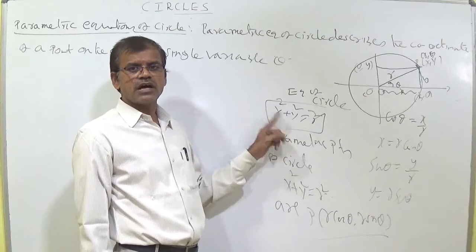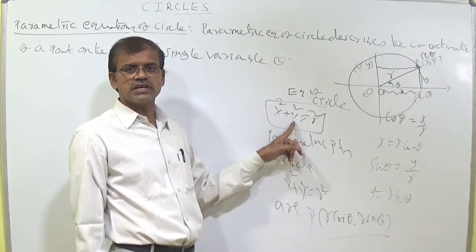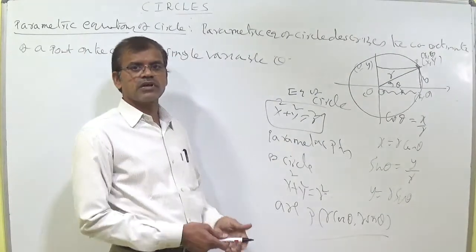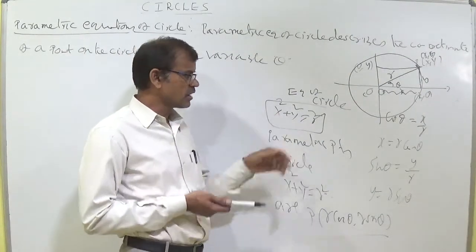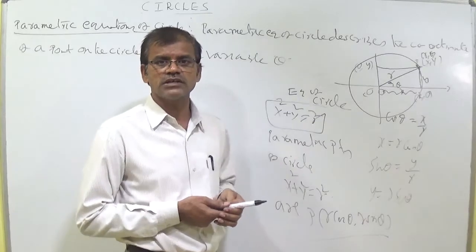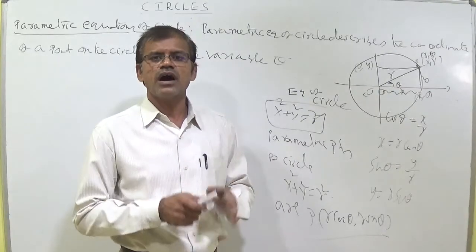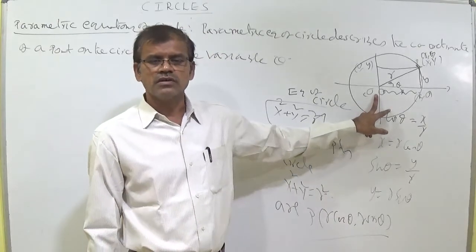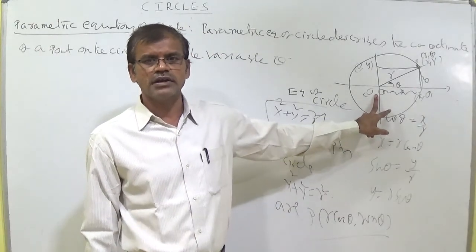By taking r square common, you will be getting cos square theta plus sin square theta within the bracket, then r square becomes. So you can say that r square cos square theta plus r square sin square theta equal to r square. So r cos theta comma r sin theta are parametric points of the circle x square plus y square is equal to r square, whose center is 0, 0 and radius is r.